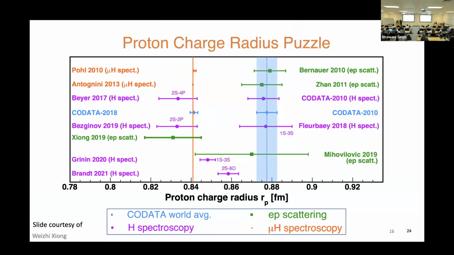This is the state of the radius puzzle shortly after PRAD. You can see CODATA revised their radius to the small one. PRAD got this measurement. A1 got this measurement. And all of the newer measurements are really trending to the small side.